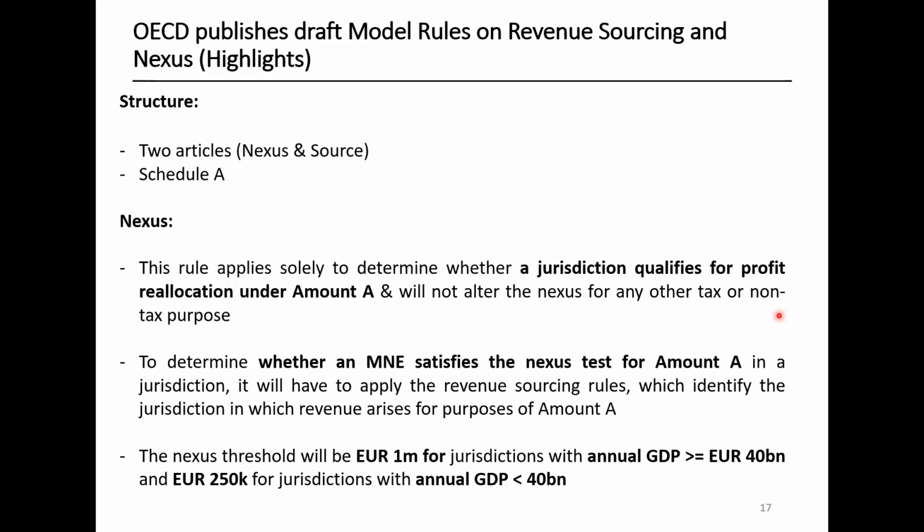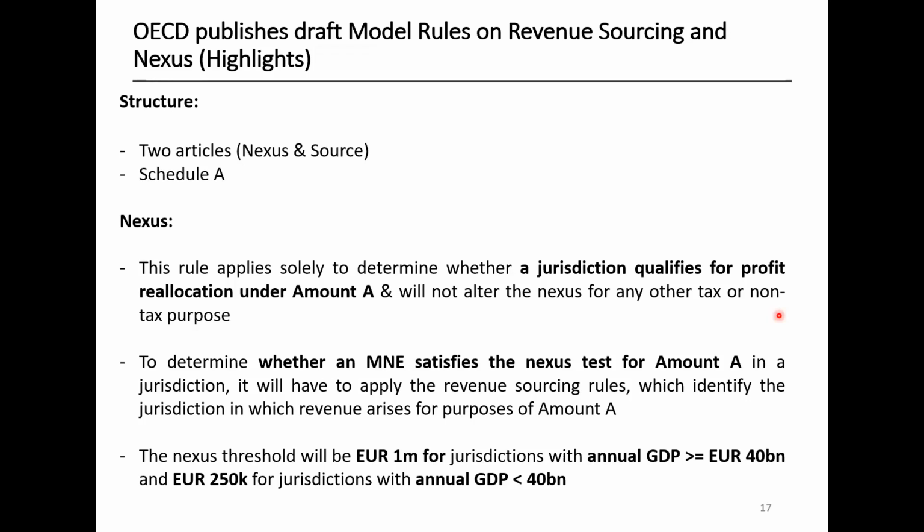The first one was issued on the 4th of Feb, which includes 2 articles, one pertaining to nexus and the other pertaining to source. When I say nexus, it means whether a particular country meets a certain level of threshold for it to be eligible as a market geography and for the amount to be reallocated.